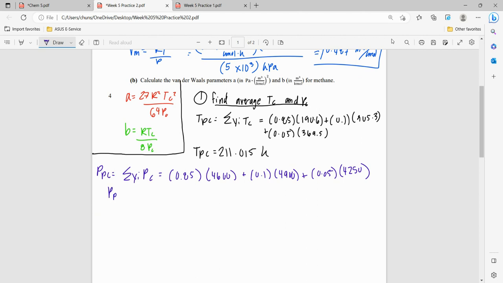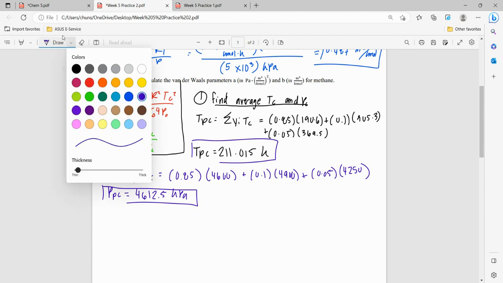So our pseudocritical pressure is then equal to 4,612.5 kilopascals. Okay, so we're going to use these two values, and we're going to find A and B now.